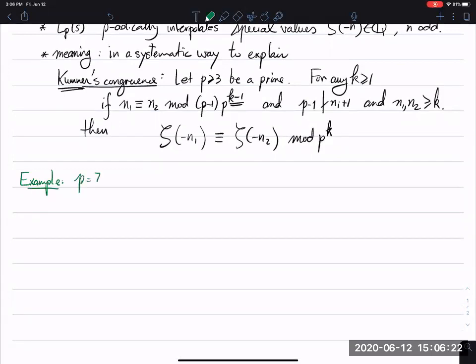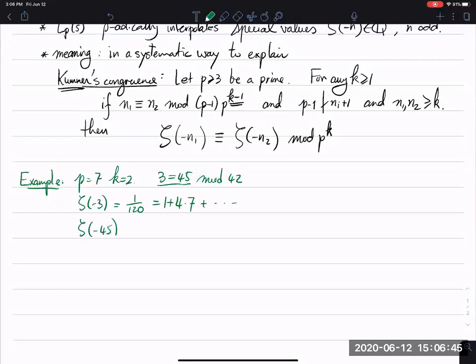So p equals 7 and k equals 2. In this case, we take 2 numbers, n1, n2 is 3 and 45, modulo 42, and you can check that zeta of negative 3 is 1 over 120, and this expands as 1 plus 4 times 7 plus dot dot dot, and the other one is zeta of negative 45, and this is a long number with denominator 4, about 20 digits.